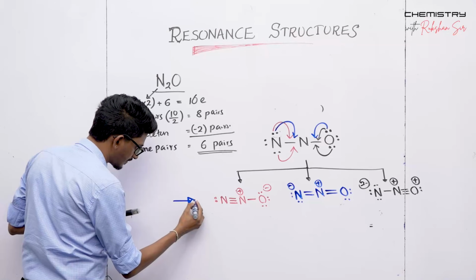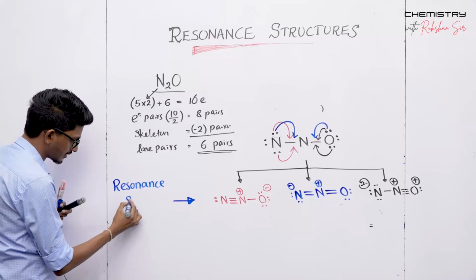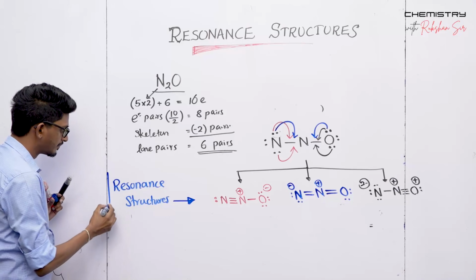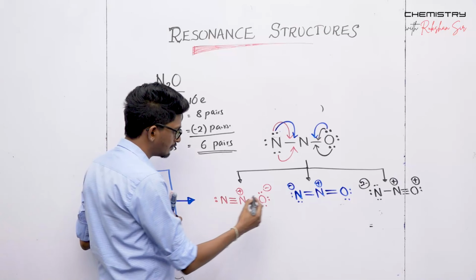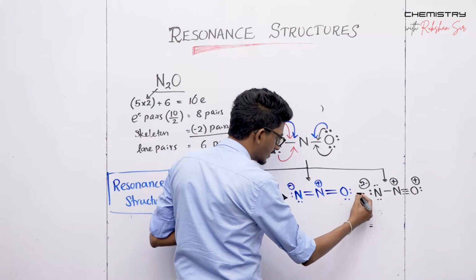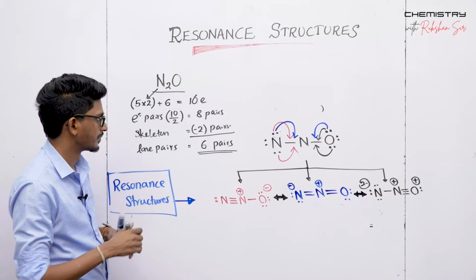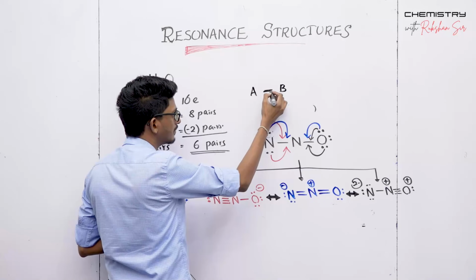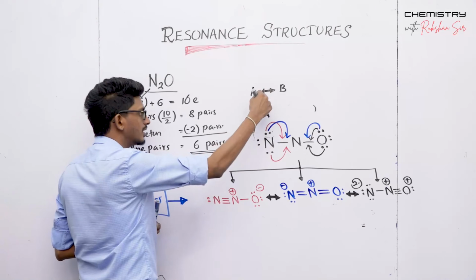These are the resonance structures. Normally we denote these resonance structures with this symbol, this double-headed arrow. If A and B appear with this symbol, it says A and B are resonance structures.